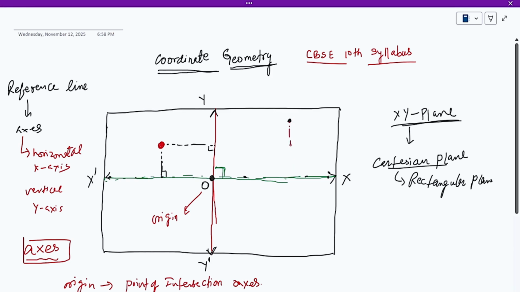How much distance from the horizontal line, and how much from the vertical line. This is nothing but the coordinate of this point.